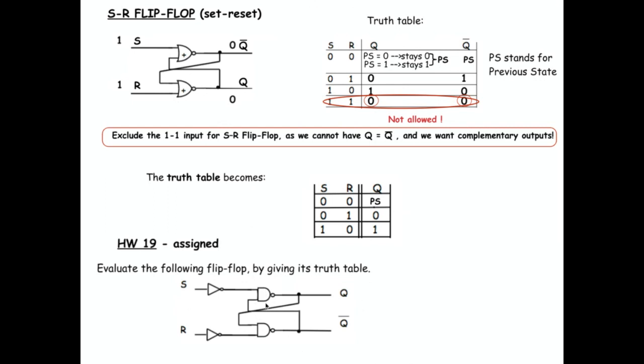But as you see, there is more than one way to build a flip-flop gate that behaves as a flip-flop gate should behave. And I just want you to trace the one on the bottom of the slide and come up with the truth table, which hopefully will be the same.